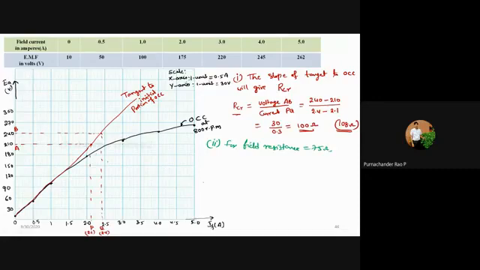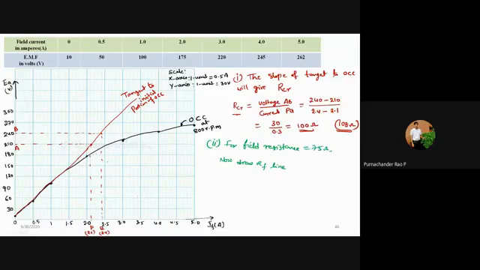To find that, we need to draw the RF line.